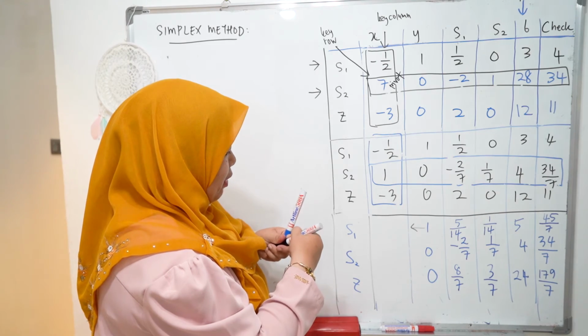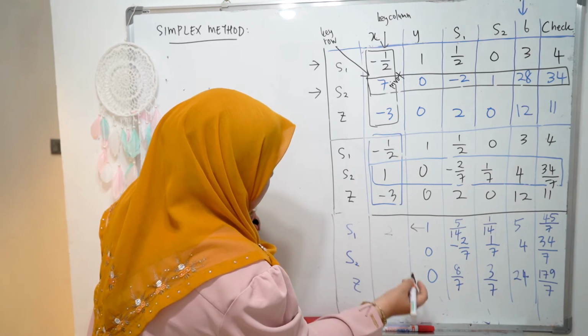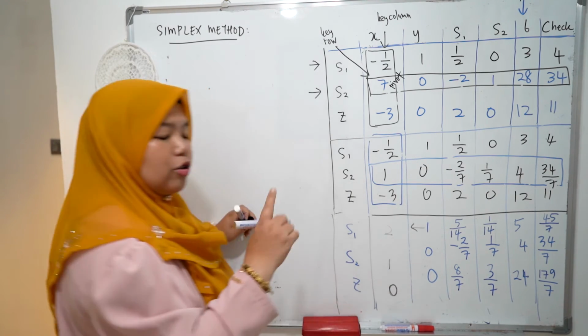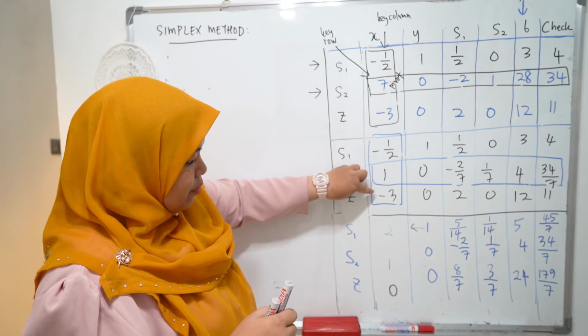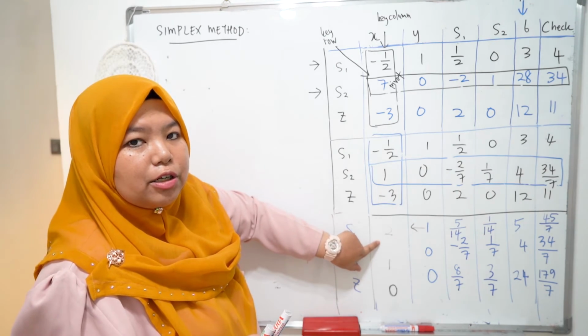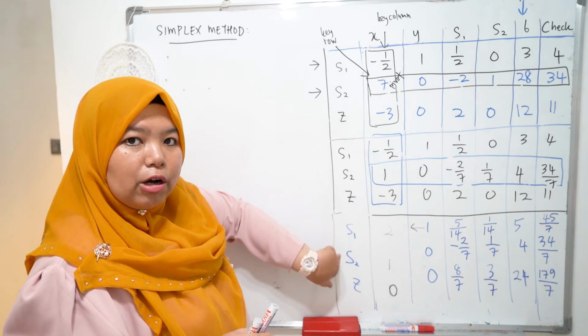Maybe I change it into 2 1 0, for example. Like you see here, this is not the identity matrix, so there's no need to change anything in this column.